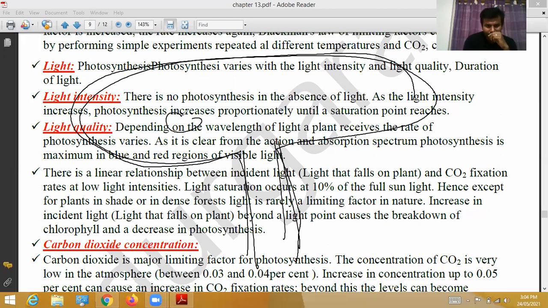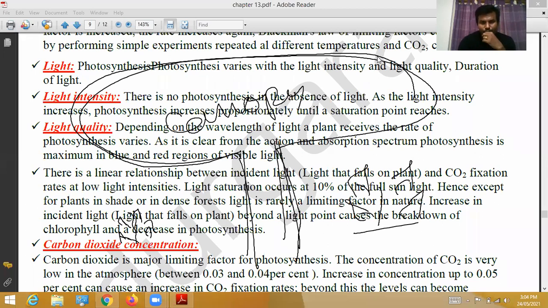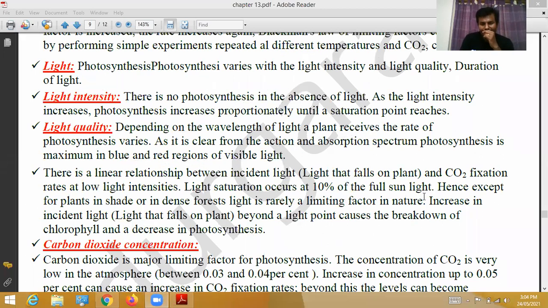Under this canopy, some kinds of plants grow. These are called shady plants. They can grow under shadow. For these plants, light is not an important factor. A limited amount of light is sufficient for them. If more light falls on them, those plants die.